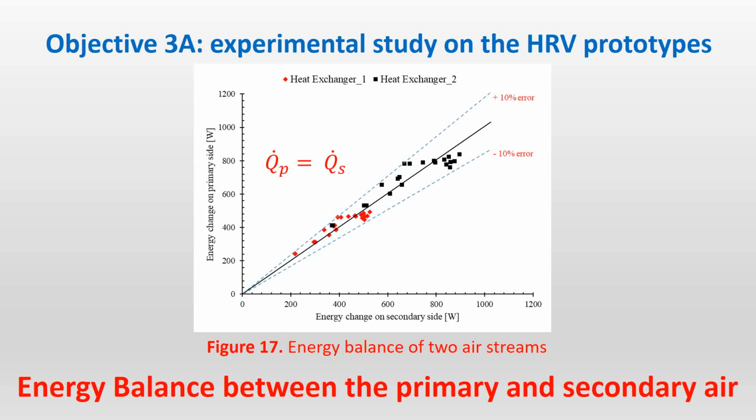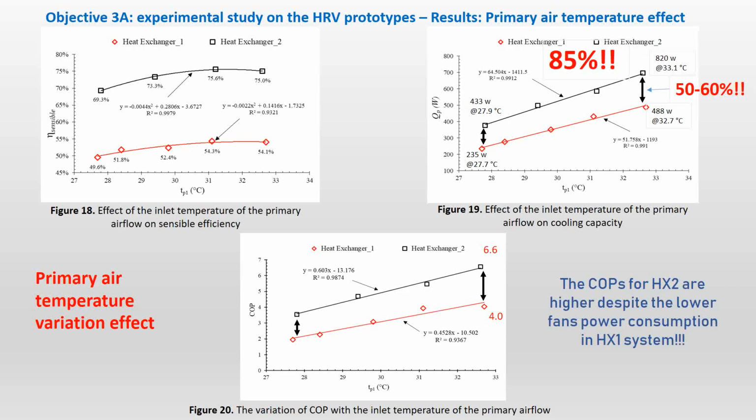So the first experiment was checking the effect of the primary air temperature on the performance of the HRV system. The red one is the flat plate, and the black one is the dimple face. So definitely it gives you 50% improvement by changing the surface.